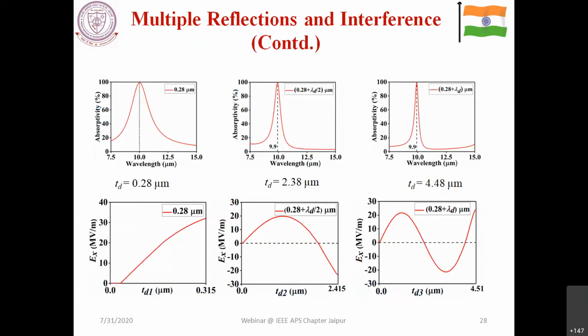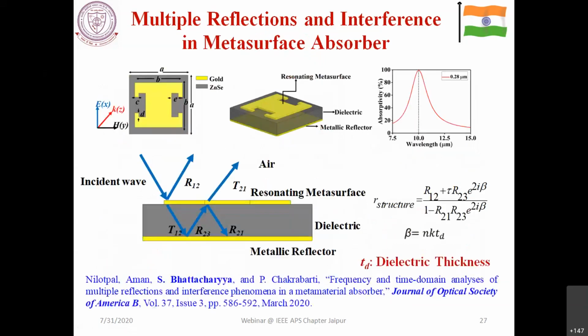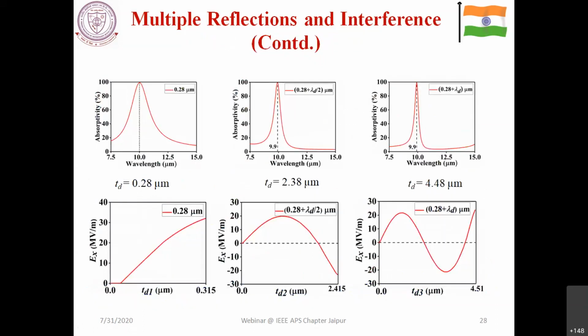So initially the dielectric thickness was 0.28 micron, and lambda d is something close to 4.2 micron, okay. So if you just change it by lambda d by 2, that is 2.1 micron, with every 2.1 micron increase, if you compute for our particular case, because we had used ZnSe material as the dielectric over there, you can find that with every change of 2.1 microns, the property of absorption gets repeated, right?